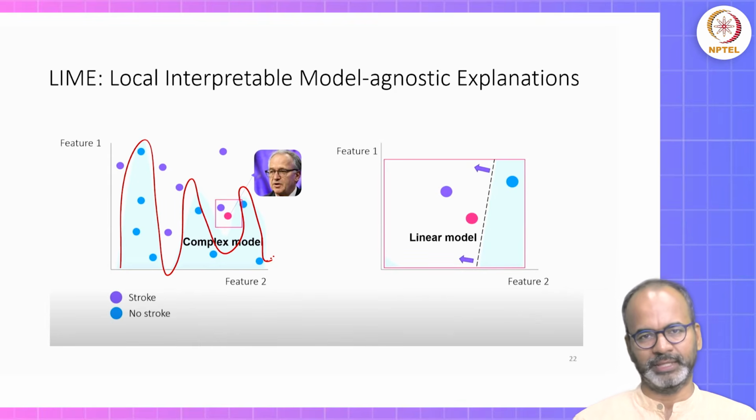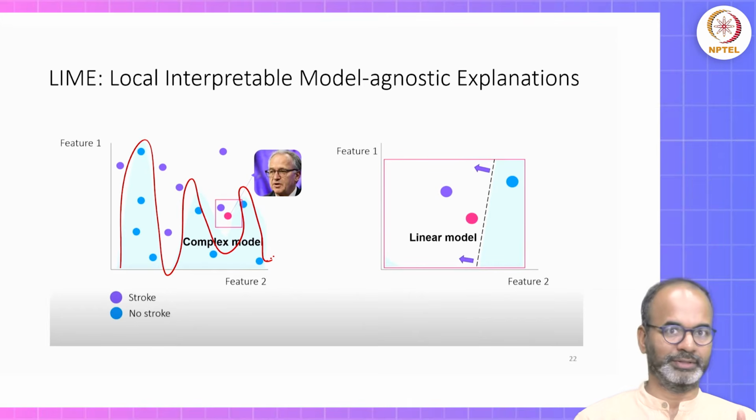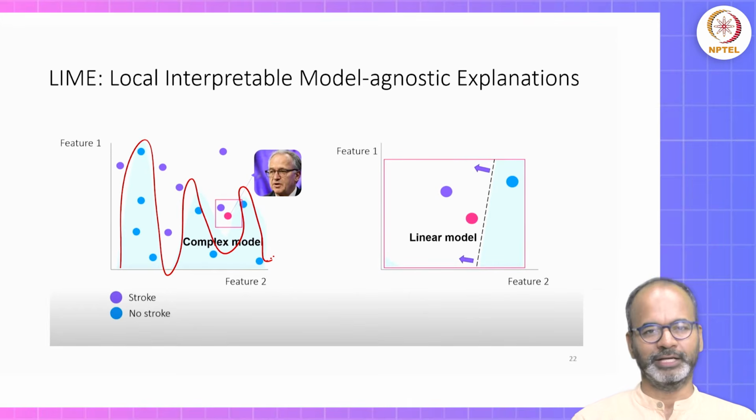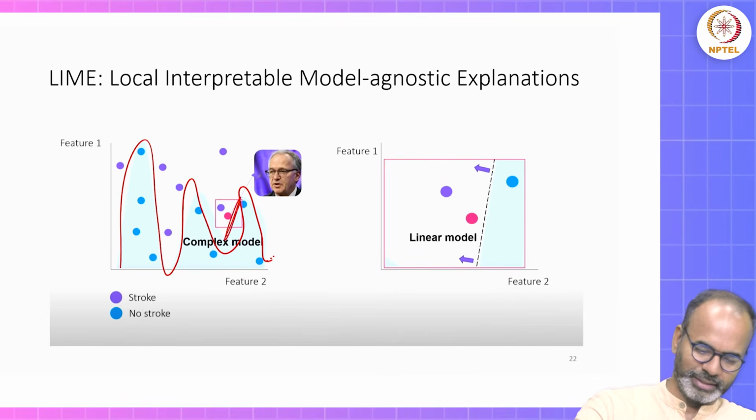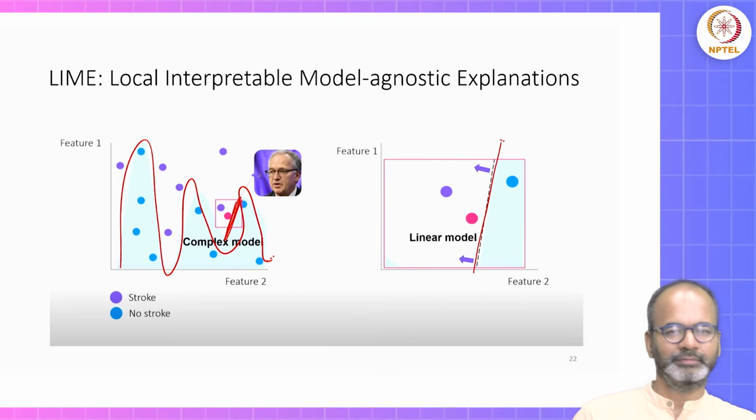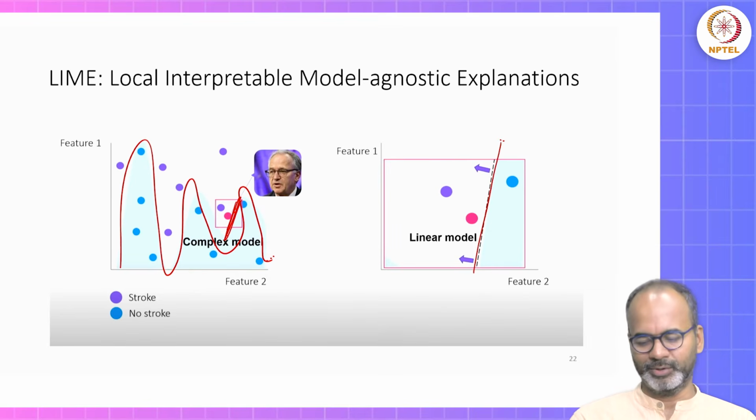It's not going to be a simple linear relationship between two features for getting a stroke or not. What LIME does is say we know this is close to the complex model here, so just fit a linear line here and say everything on this side is one class.